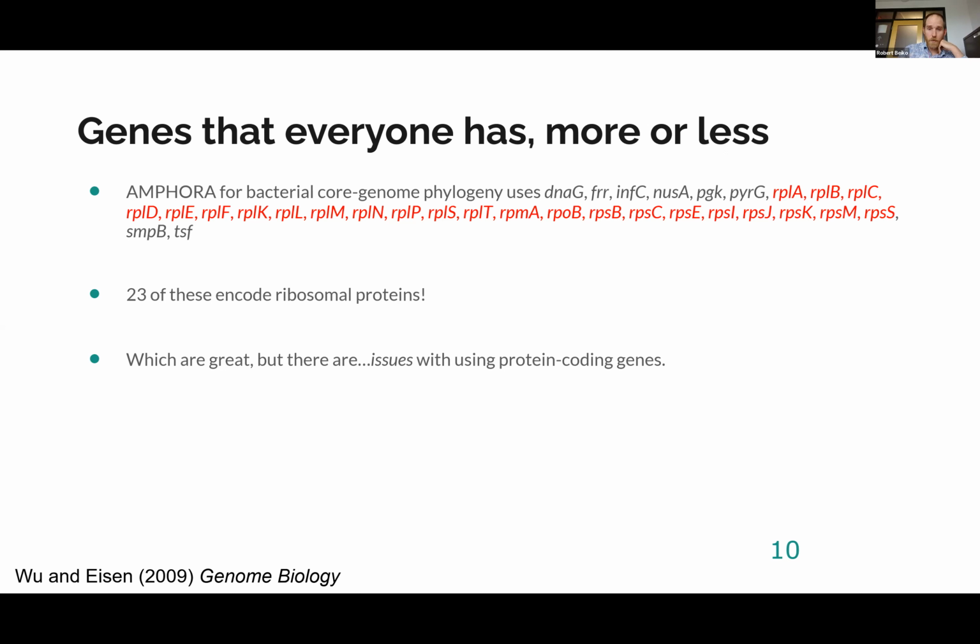This is great, but there are issues with protein coding genes. One in particular is that of the genetic code, because your typical pattern in a protein coding gene will be highly conserved, not so conserved, highly conserved, not so conserved. And so fine, that's a typical sort of codon pattern.